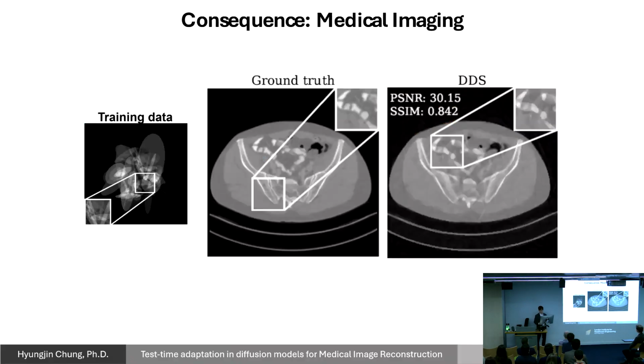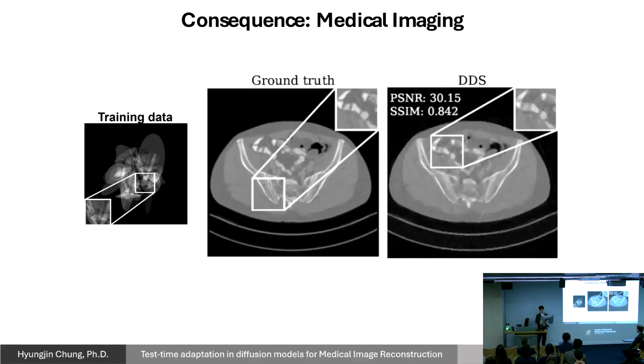We can actually apply this idea to the medical imaging case, since in medical imaging there are also lots of cases where we don't have a lot of perfectly gold standard data from which we can train a good diffusion model. So let's say we have these images of ellipses that can be generated on the fly, so you can generate an infinite amount of training data.